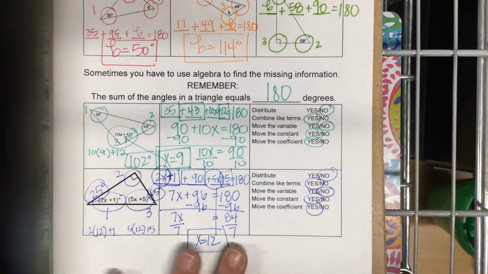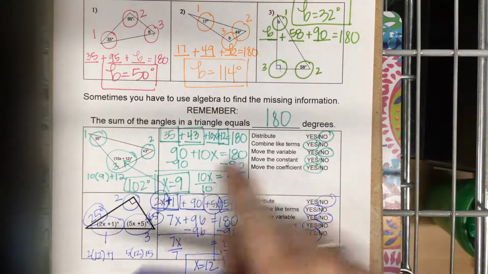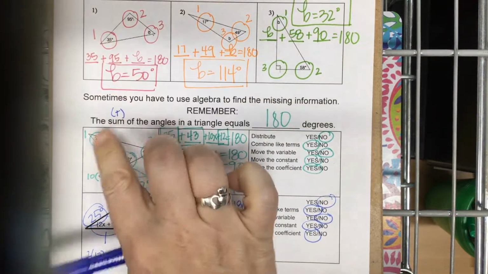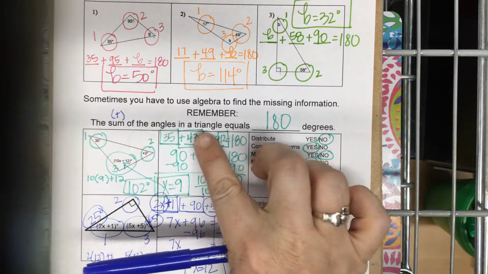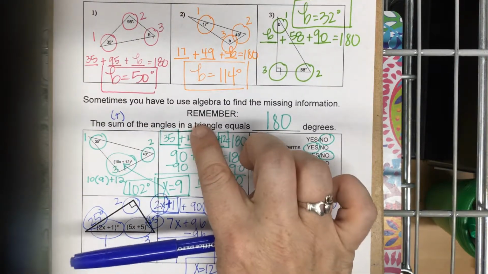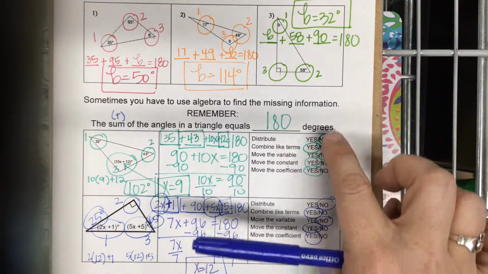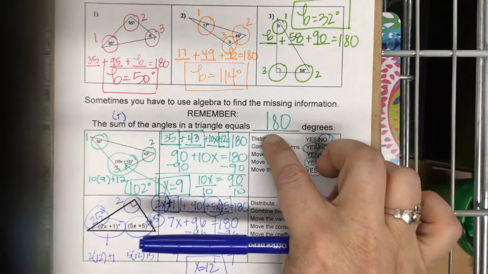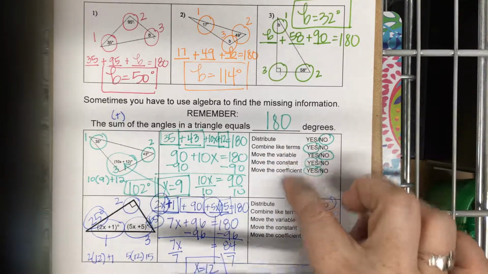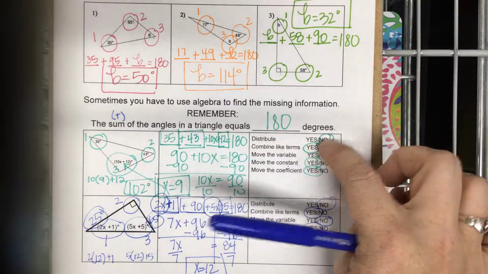So the most important thing to remember is that no matter what the triangle looks like, you add the angles. All three angles make 180 degrees. Then you ask yourself your multi-step equation questions. Distribute? Probably not.